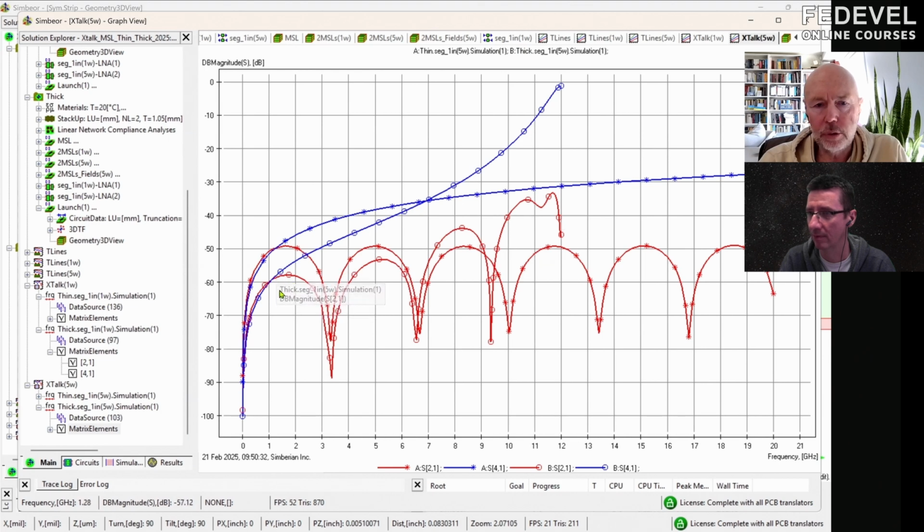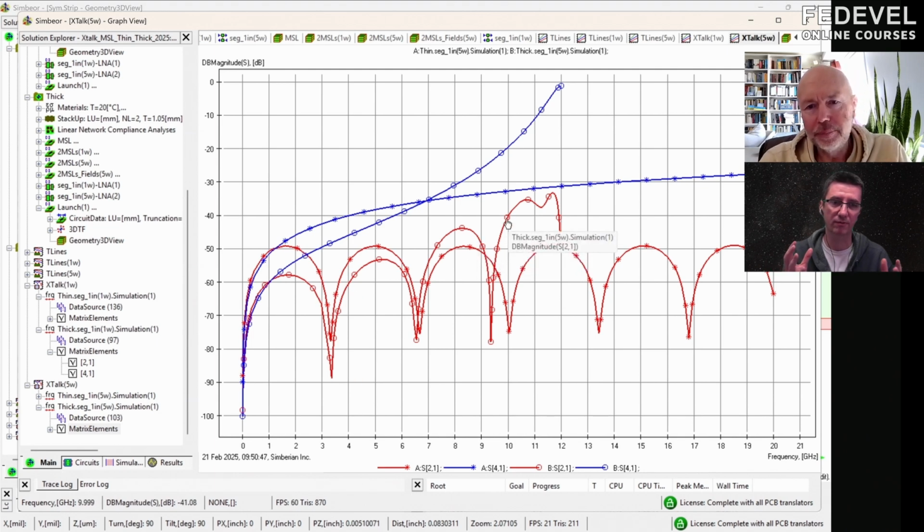In the case of a thick substrate, we have a 5 millimeter distance between the tracks, so naturally we start with lower crosstalk. They are very far apart. For smaller frequencies, the fields don't spread as much as at higher frequencies.